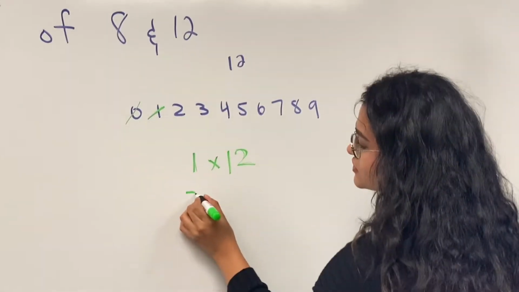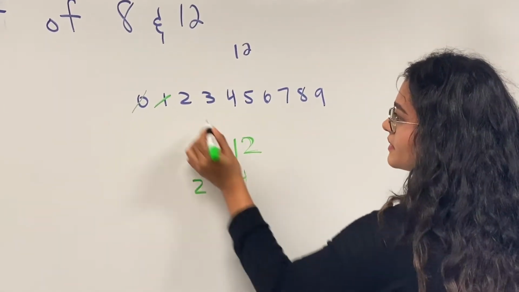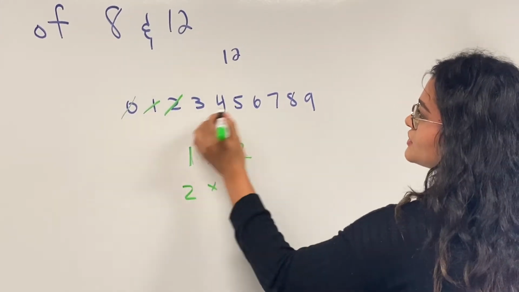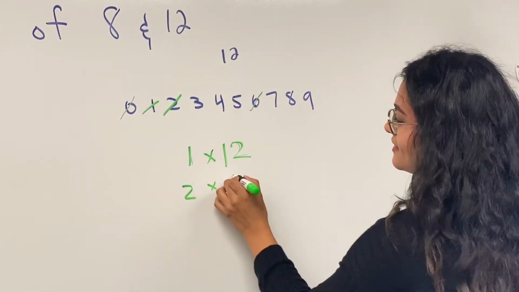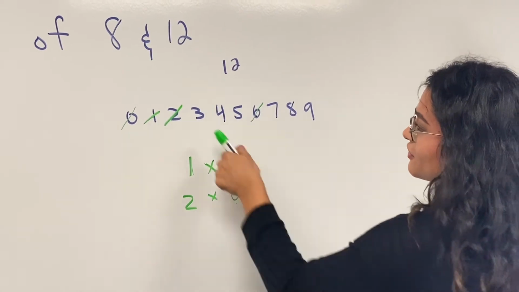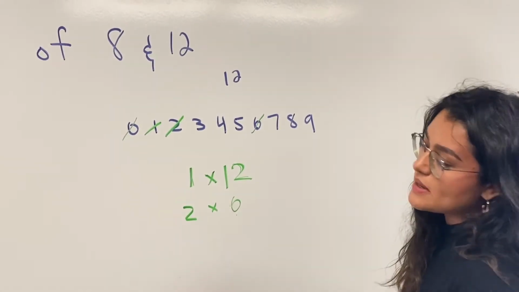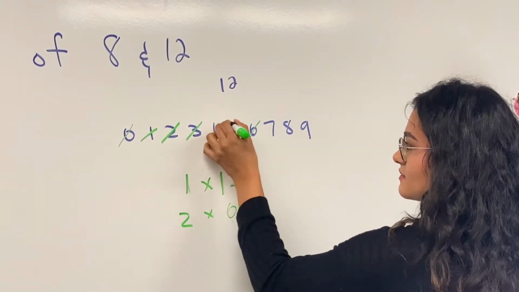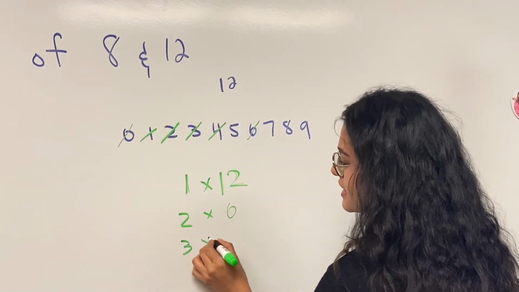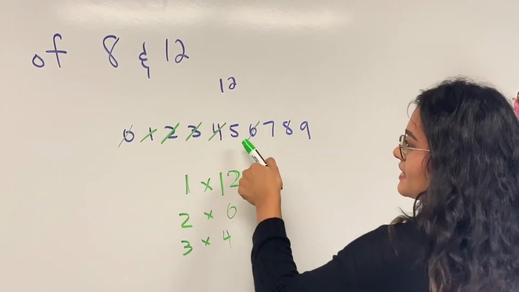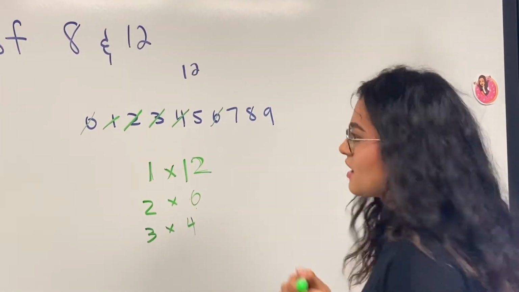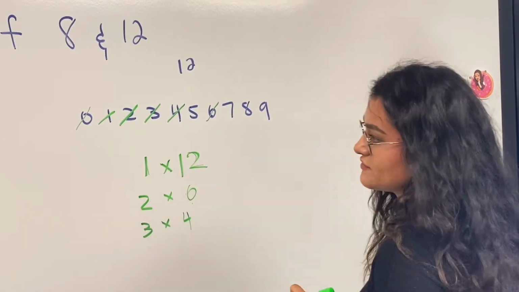Yes, we have 2 times, oh, no, not 2 times 4, my bad, 2 times 6. Does anything times 3 equal 12? Yes, we have 3 times 4. Anything times 5 equal 12? Nope. And we get to my 6, which is already crossed off, and these are my factors for 12.